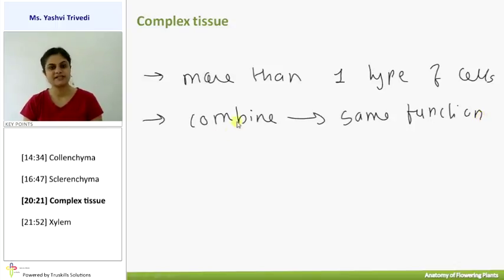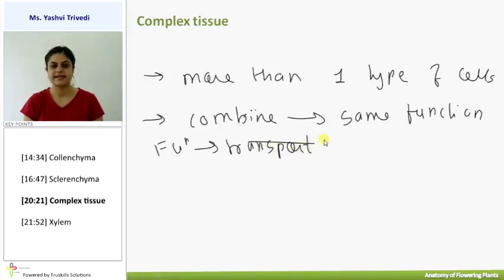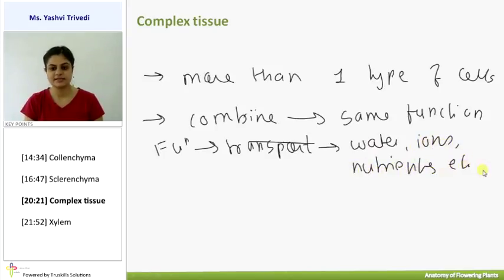Now the main function of the complex tissue is transportation. And what do they transport? They are mainly transporting the stuff like water, ions, nutrients, minerals, sort of things. As they are useful for transportation purpose, they are also said to be conducting tissues.